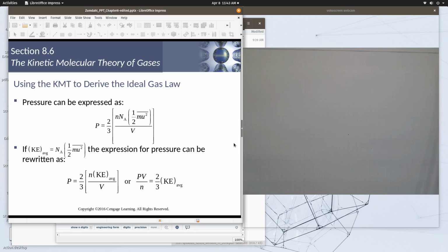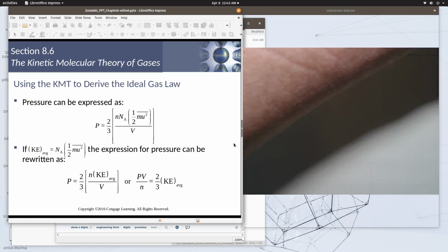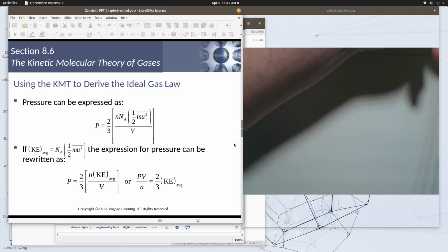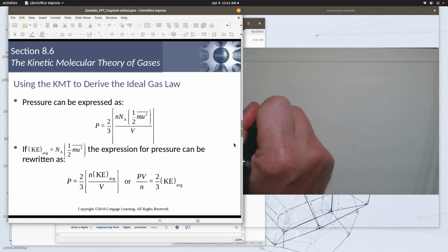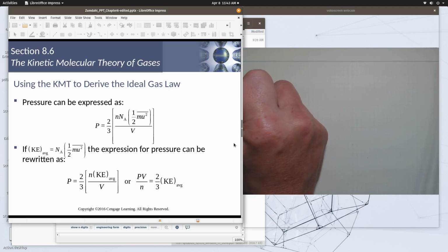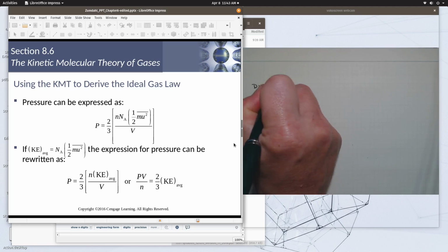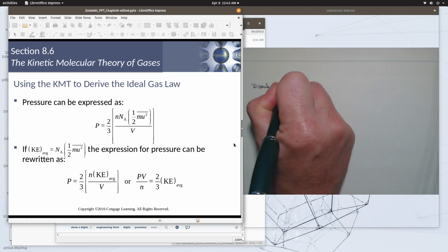So let's first of all start off by understanding what is meant by a distribution. Gas molecules have a distribution of velocities.